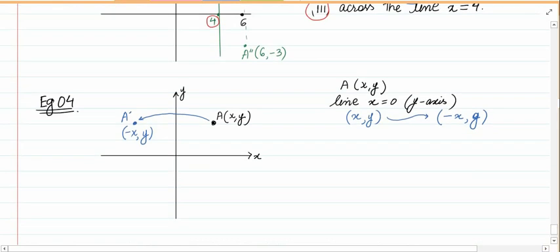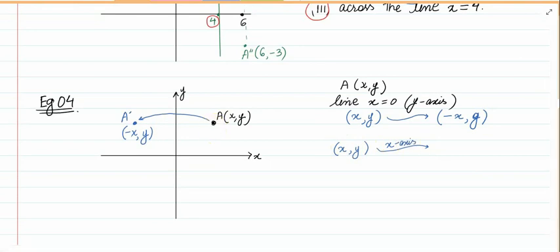Similarly, if the same point x comma y reflects on the x-axis, right? By x-axis I mean that red pen for this question. This point will be shifted over here, right?